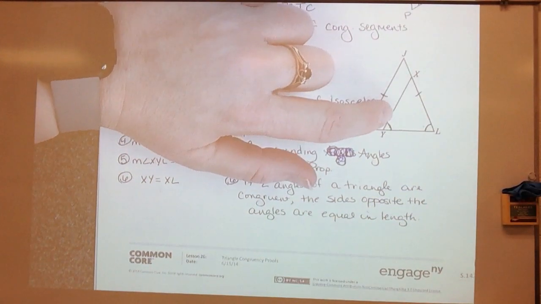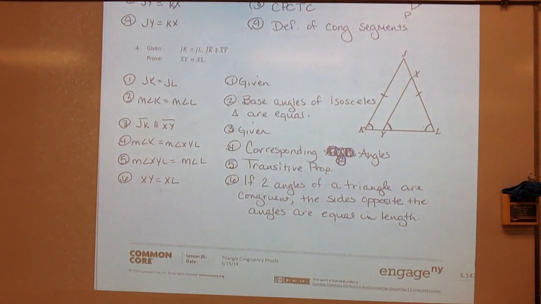So since I have proven those two angles congruent, I know the two opposite sides are going to be equal in length.